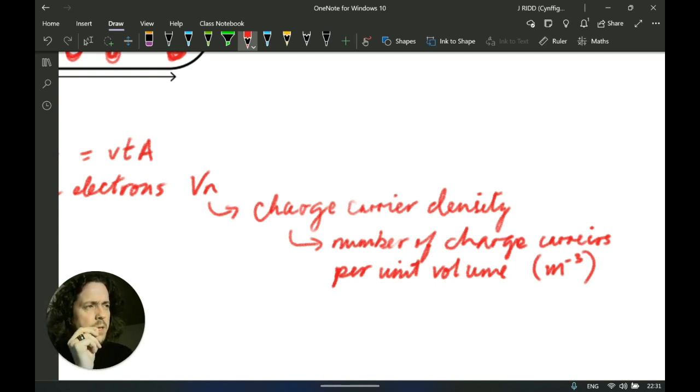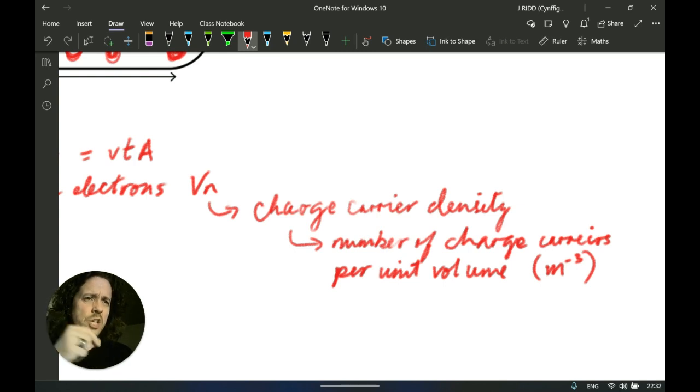But if I had a cubic meter of gold, within that cubic meter, there would be an enormous number of free electrons. That number, though, would be different to a material which wasn't as good a conductor as gold. Gold is one of the best conductors, so it would be higher than that of copper, which in turn would be higher than that of something like steel.